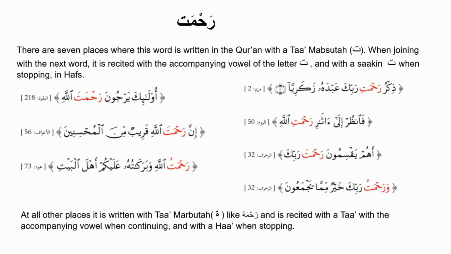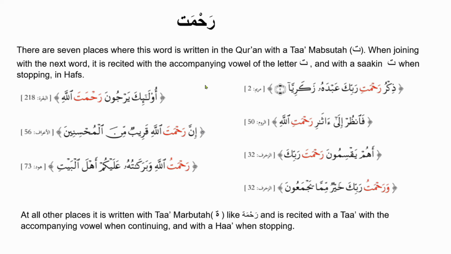Now let's begin with the first section that consists of those words that are read in a singular form in all authentic recitations. And the first one is Rahmah. There are 7 places in the Quran where the word is written with ta mabsuta, or this flat ta, like Rahmat.